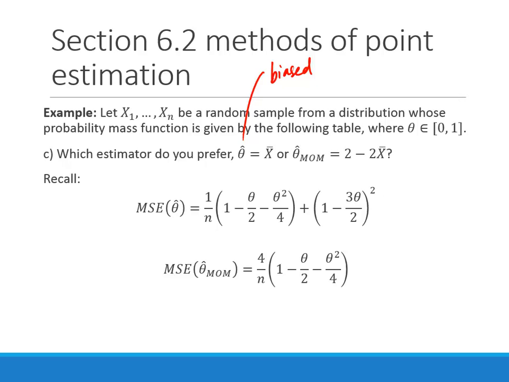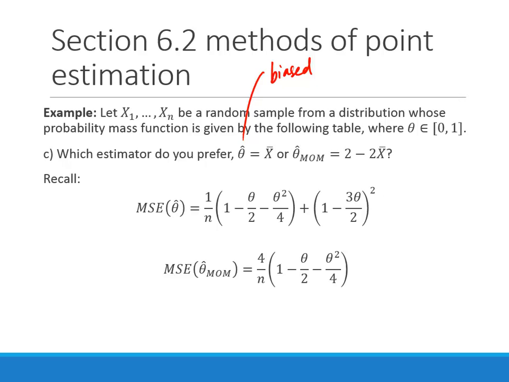But just to do a quick comparison of the mean squared error, remember the MSE of my first estimator was that thing there. We found that on Wednesday, and the mean squared error of the method of moments estimator, that's what we just found there. And you want to compare these two things and say which estimator gives me a smaller mean squared error.